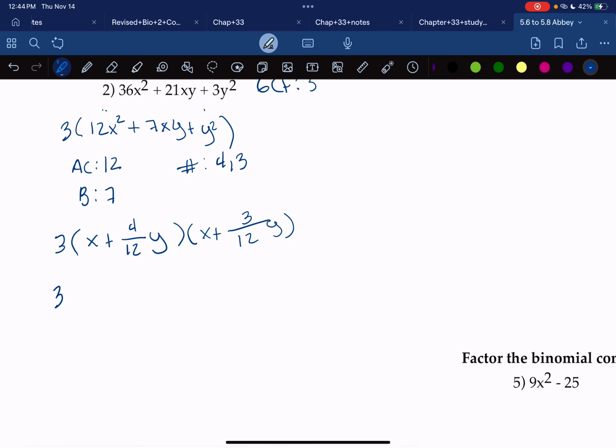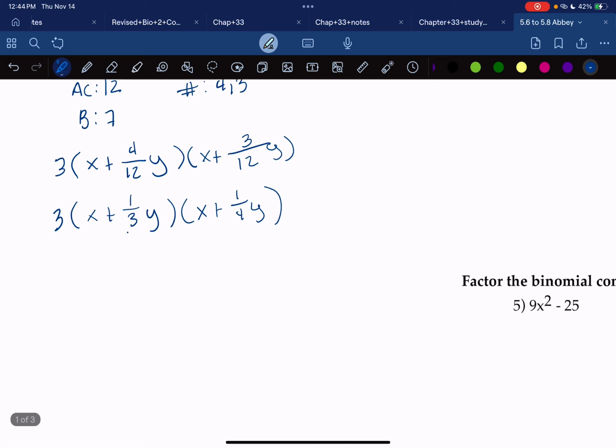These can be simplified but not entirely reduced. 4 over 12 can be simplified to be 1/3 y. x plus 3 over 12 can be simplified to be 1/4 y. We don't like denominators in these, so all of our denominators get moved to the other side.